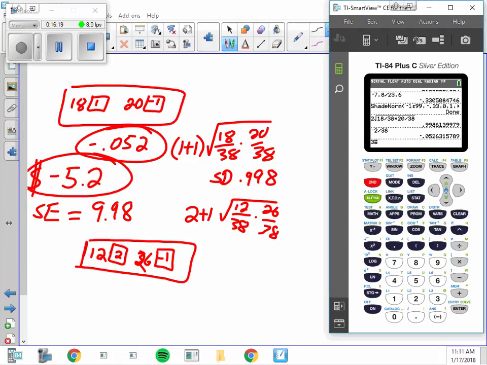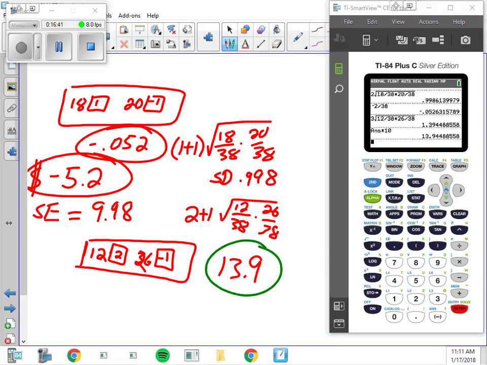So 3 times the square root of 12 divided by 38 times 26 divided by 38, times that by 10, square root of 100, right, and we end up with 13.9.